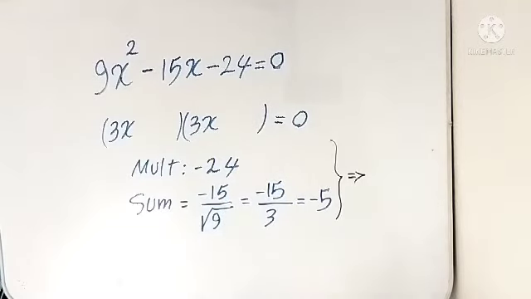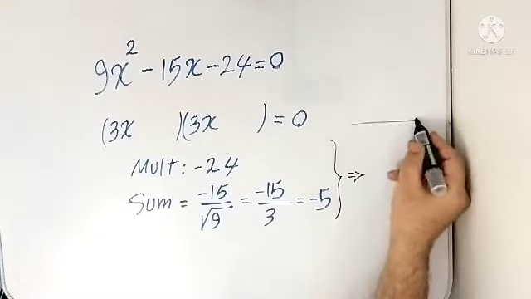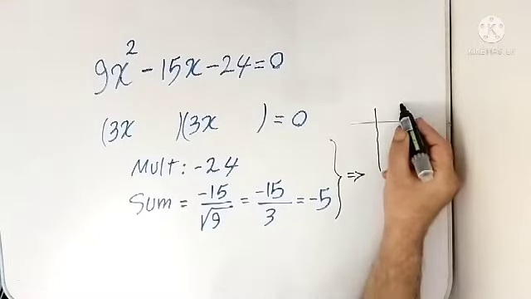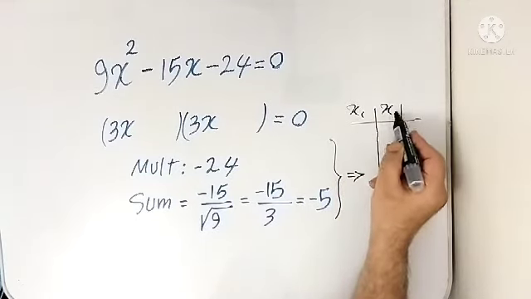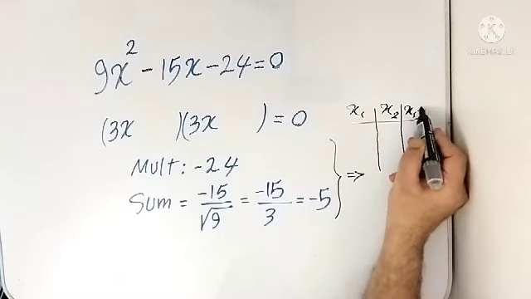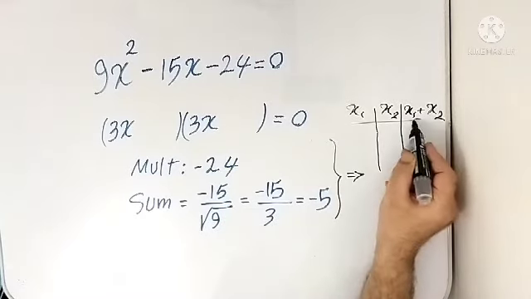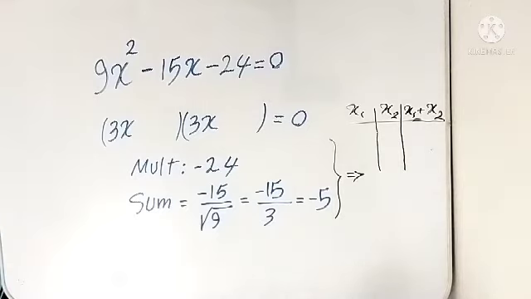The result is that the signs of these numbers are different and the negative number is stronger. When we make a list, we must pay attention to this result.